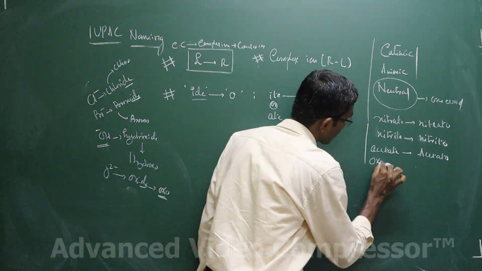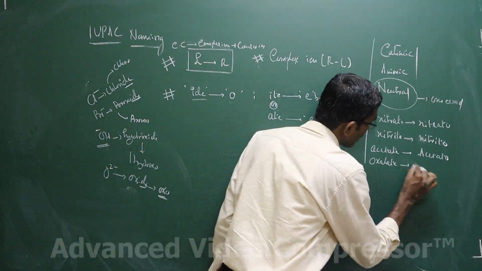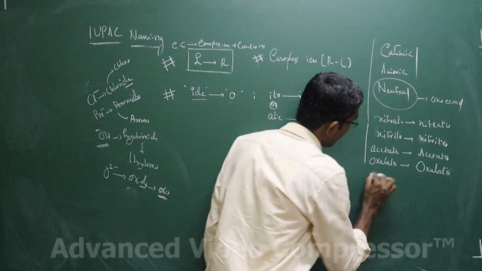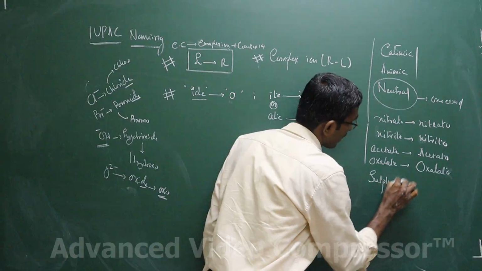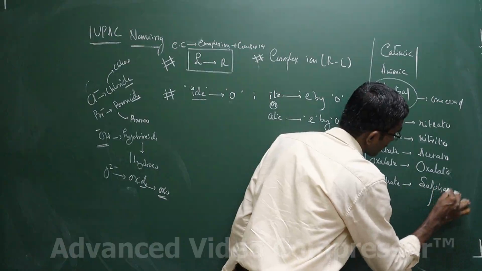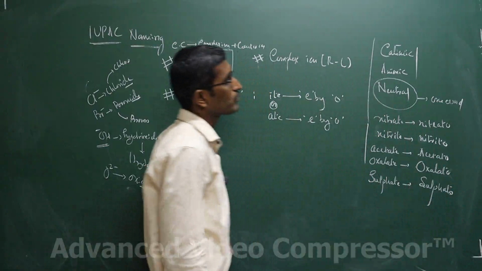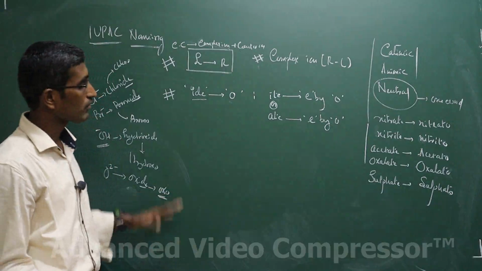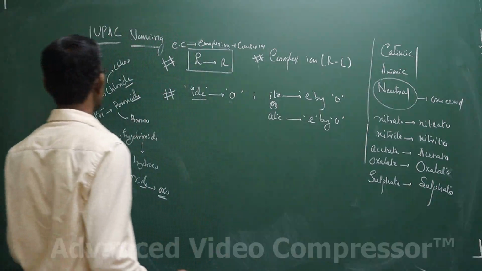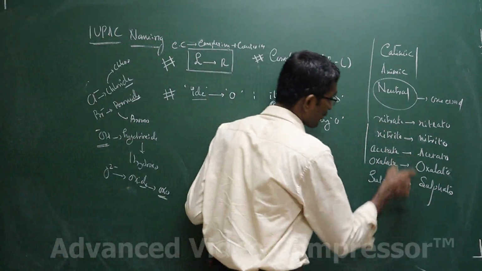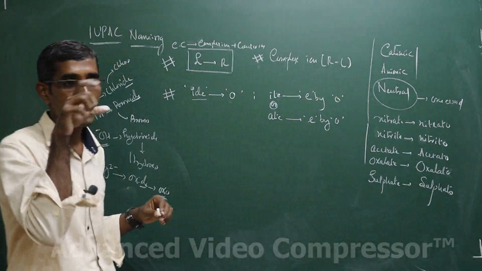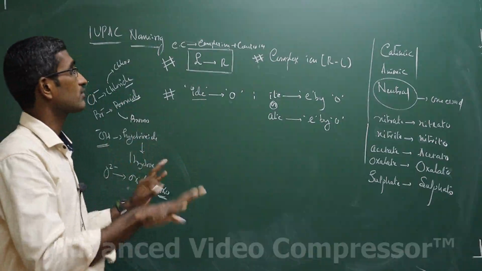Oxalate ion, how do you name it? Oxalato. Sulfate ligand, how do you name it? Sulfato, and so on and so forth. Very, very simple approach. If the ligand ends with ITE or ATE, replace E by O. If it is IDE, replace the entire IDE by O.